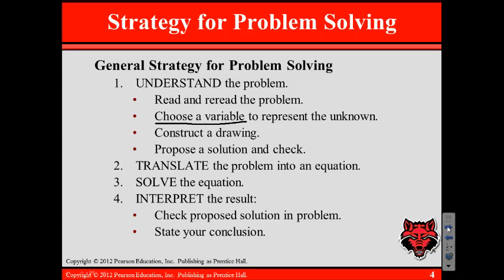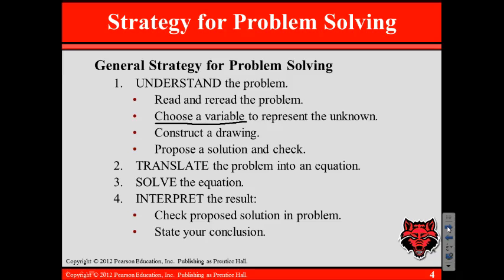In some instances, it's helpful to construct a drawing, and then you would propose a solution. You may think of a solution without writing an equation. You may actually create an equation. But at this point, you're really just trying to wrap your head around what's being asked, what's the unknown, what does the unknown stand for, and so on.